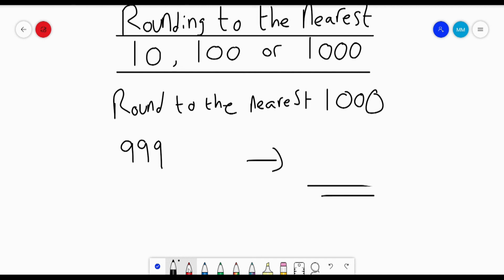Let's just imagine there's a 0 in front. There you go. What's the number to the right? 9. Is 9 worth 5 or more? Yes, it is. So the 0 in the thousands column must increase by 1, and everybody else to the right turns into 0. All the 9s turn to zeros. So 999 rounded to the nearest 1,000 is 1,000.